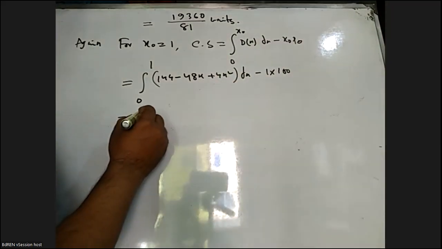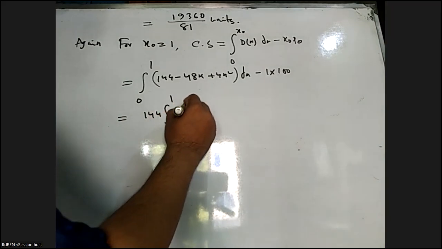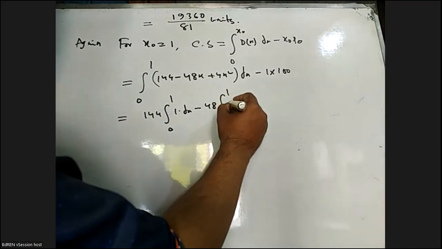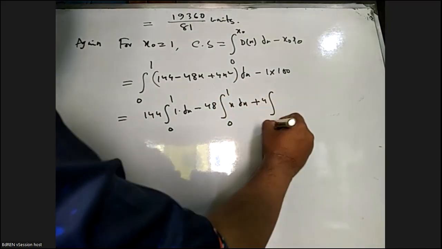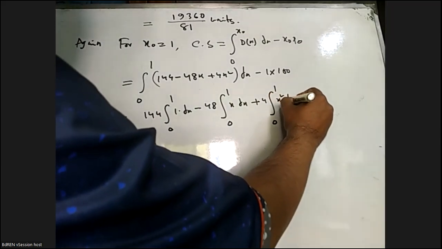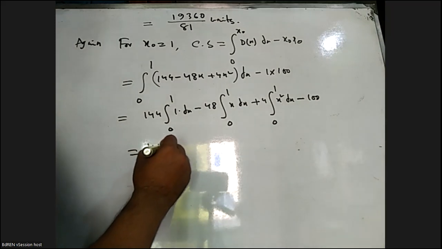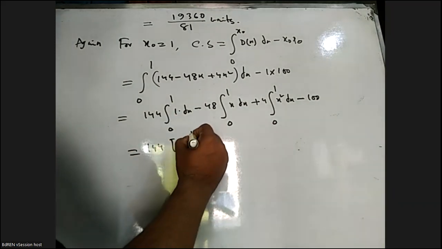So similarly, integration from 0 to 1 of 48 is constant, minus 48 times the integral from 0 to 1 of x dx, plus 4 times the integral from 0 to 1 of x squared dx. For the first integral, using formula number 2, the integral of the constant gives only x.